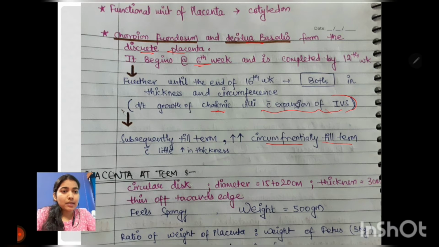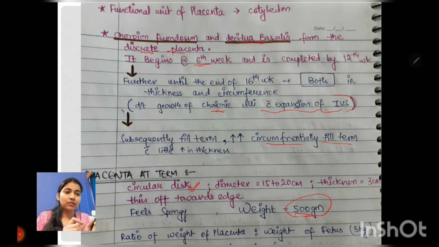Placenta at term is a circular disc with a diameter of 15 to 20 centimeters and a thickness of 3 centimeters, and it thins off towards the edge. It feels spongy, and its weight is 500 grams.